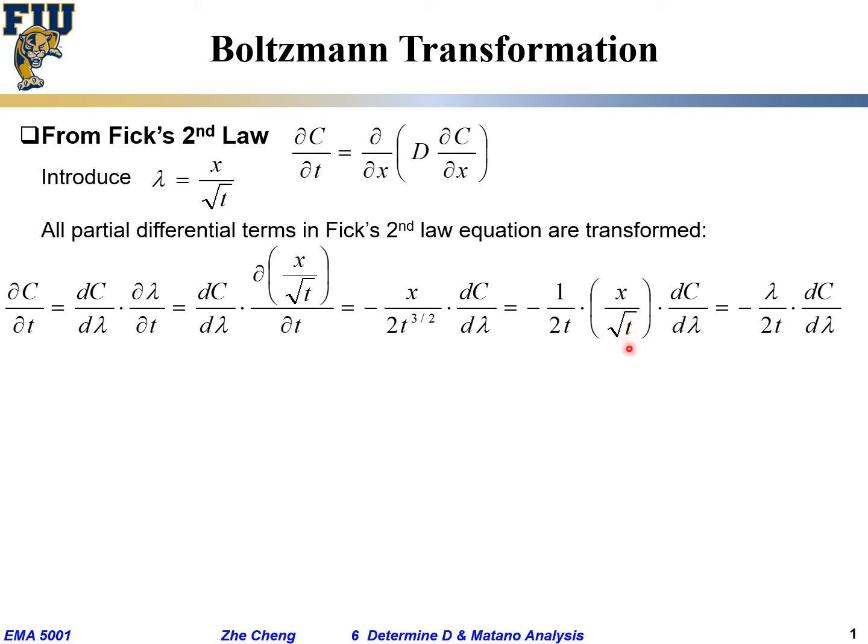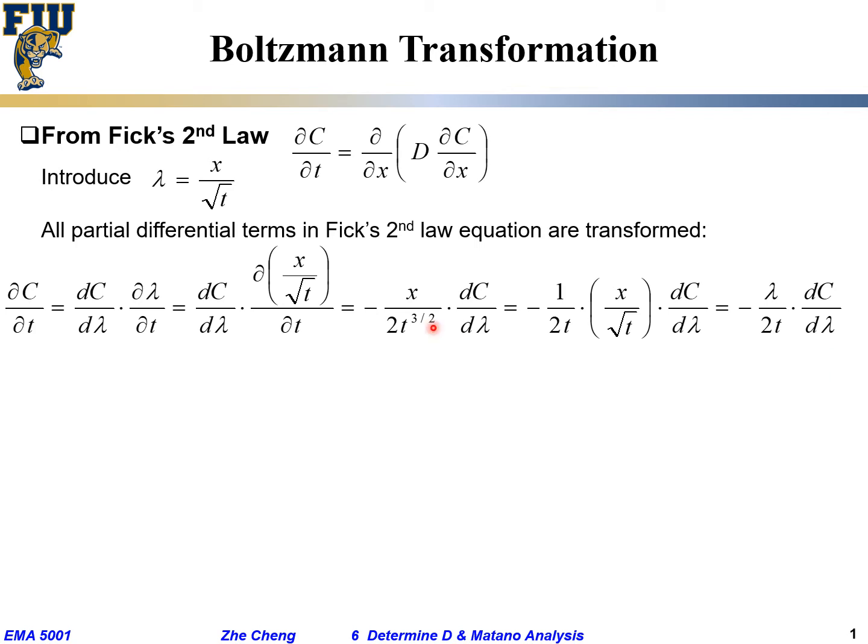A square root of t. And what is x divided by square root of t? That is just lambda. So we will have minus lambda over 2t times dc over d lambda. Okay? That's the first transformation.